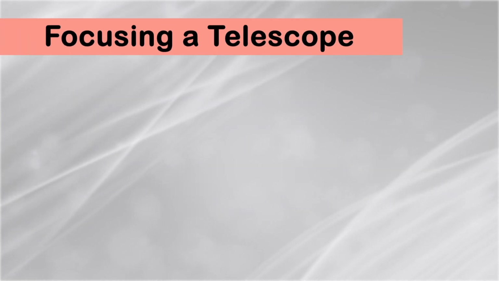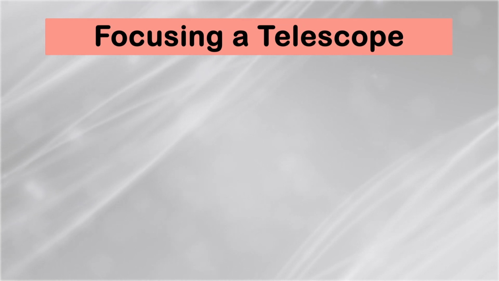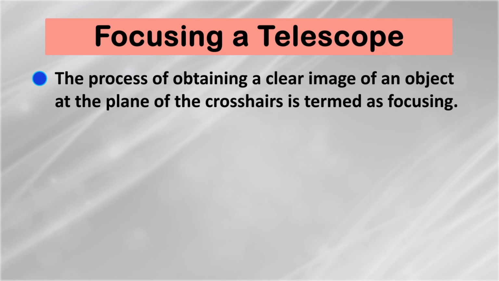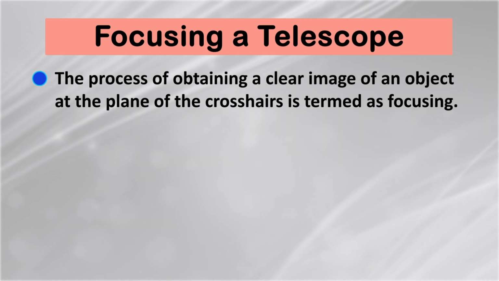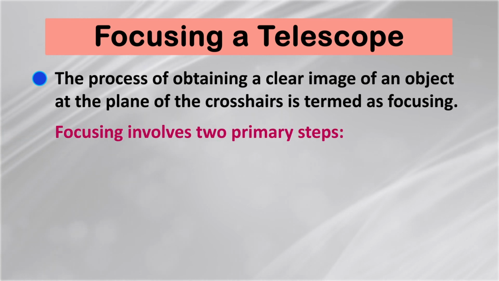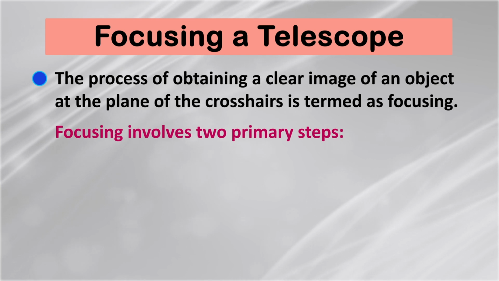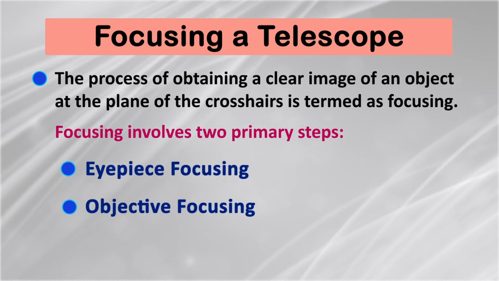Next is focusing a telescope. How can we focus a telescope? The process of obtaining a clear image of an object at the plane of the crosshair is termed focusing. Focusing mainly involves two steps. First one is eyepiece focusing and second one is objective focusing.